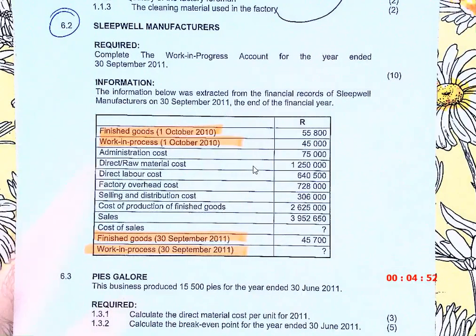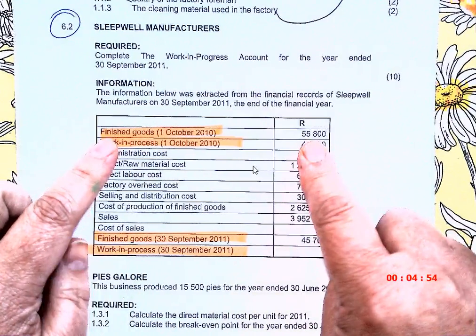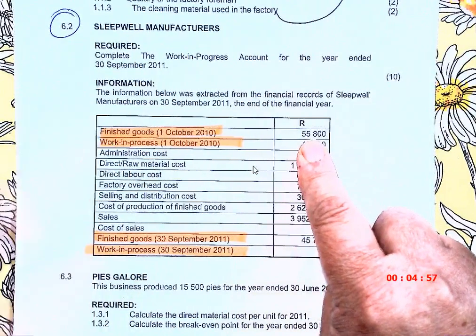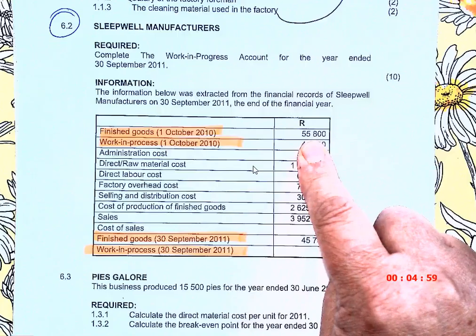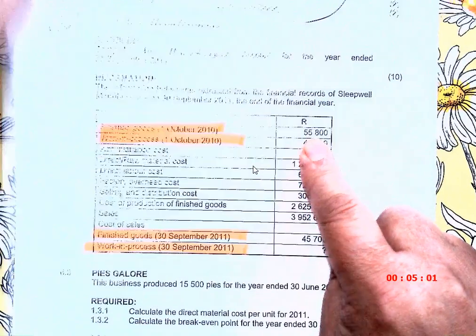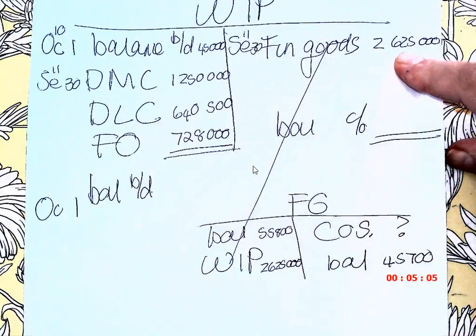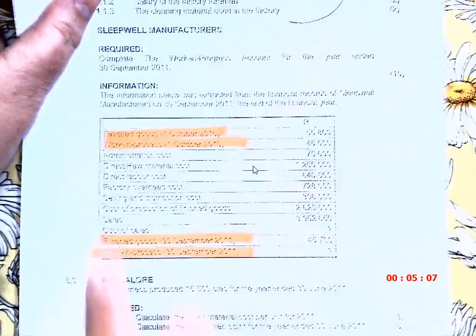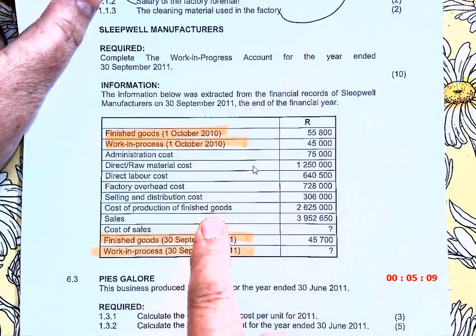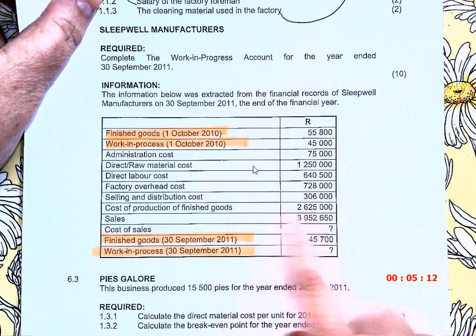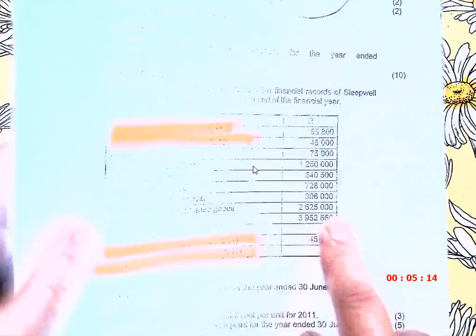So finished goods is the unsold finished products from last year that I brought down. The one that they say cost of production of finished goods, that is the stuff that I finished making and is now ready to sell.